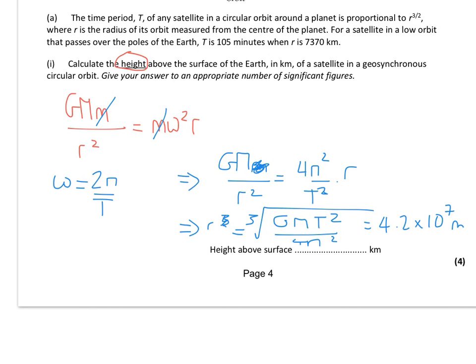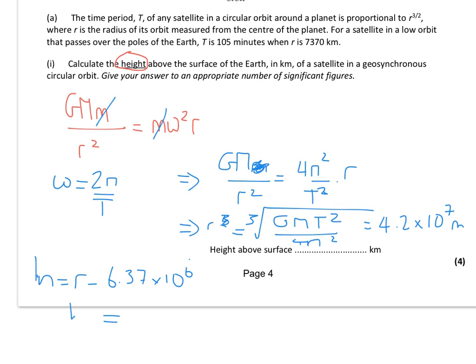But remember, this is the distance between the centers of mass, not the height. So the height is going to be the distance minus the radius of Earth, which is 6.37 times 10 to the 6.